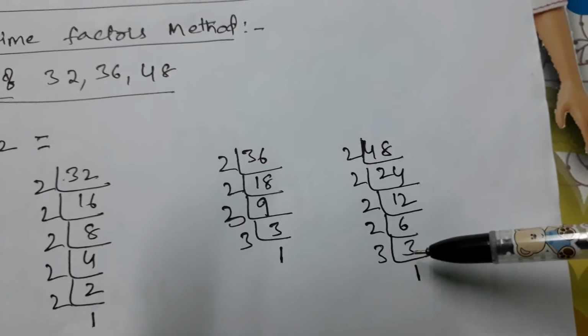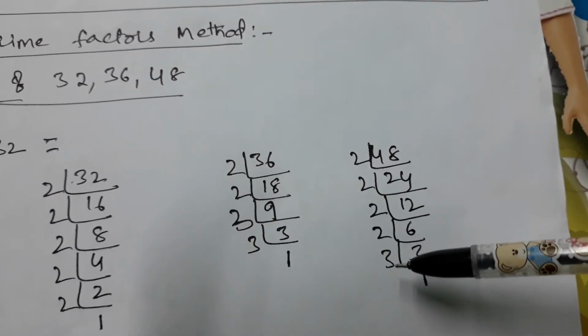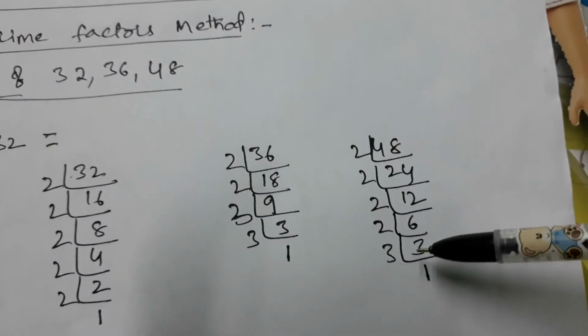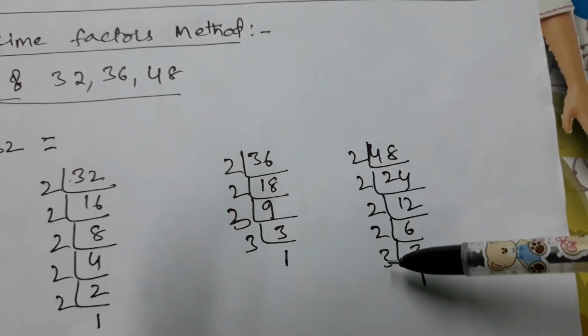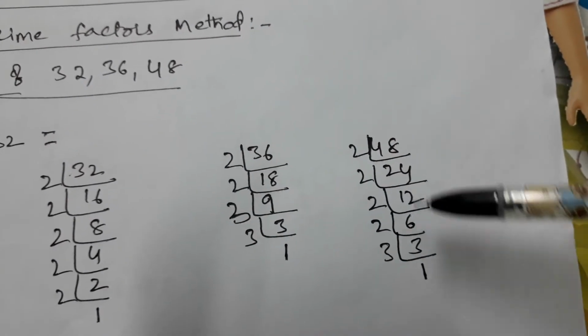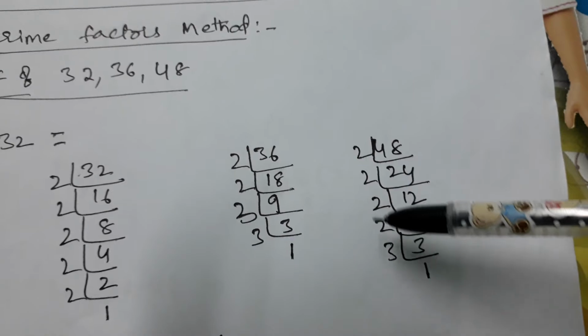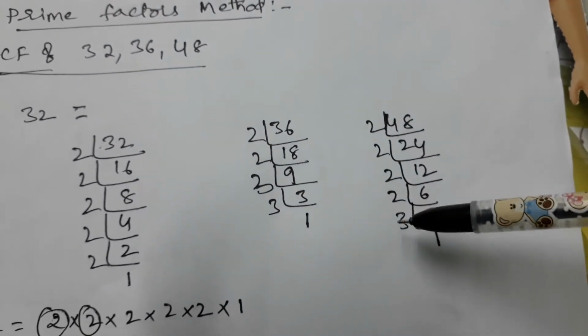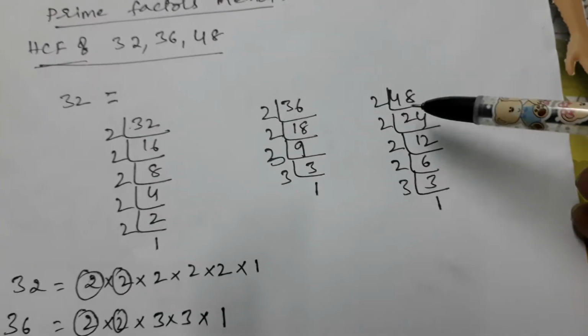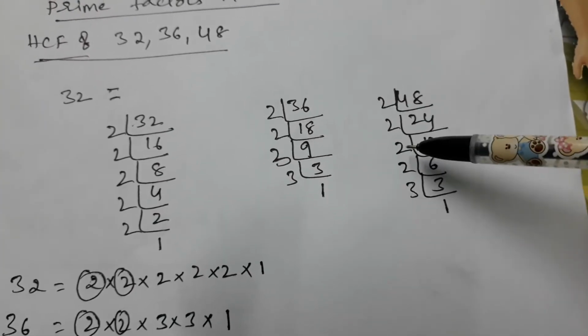In 3, the 2 table is not possible, so take the next prime number, 3, and divide: 3 1s are 3. So write the factors like this, write all the outside prime numbers and multiply, then we get 48. So 48 is equal to 2 into 2 into 2 into 2 into 3 into 1.